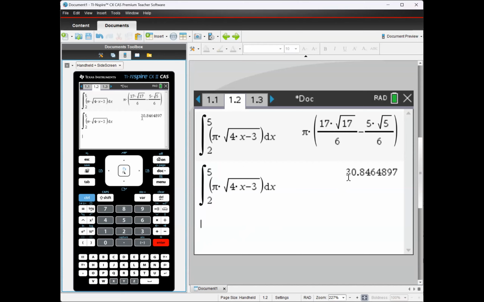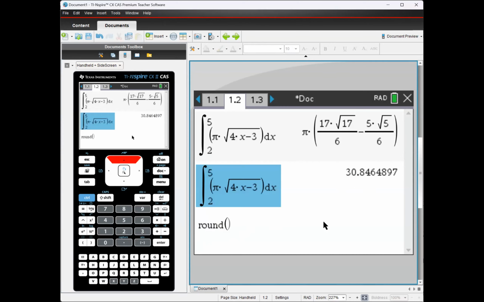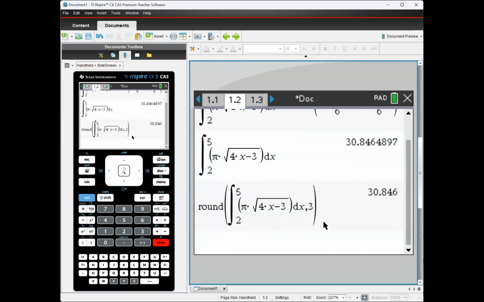So 30.84648, but we only focus on the 4 here, which is less than 5. So we just need 30.846. So for example, you can use the round button, round this answer correct to 3 decimal places, 30.846.